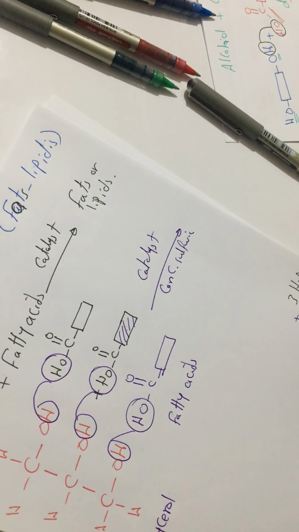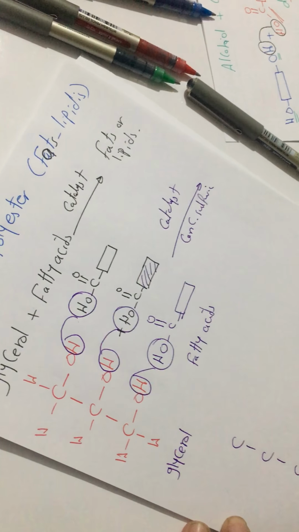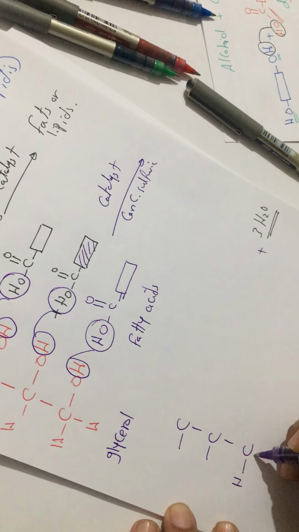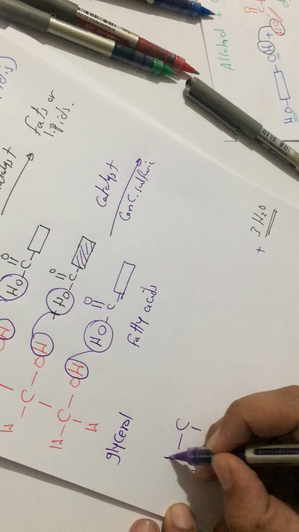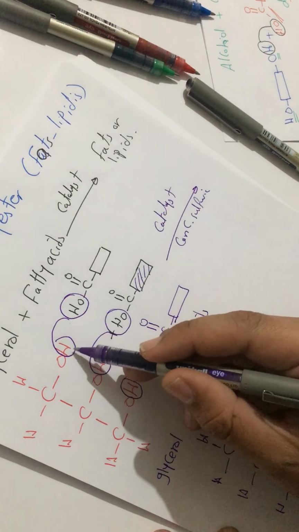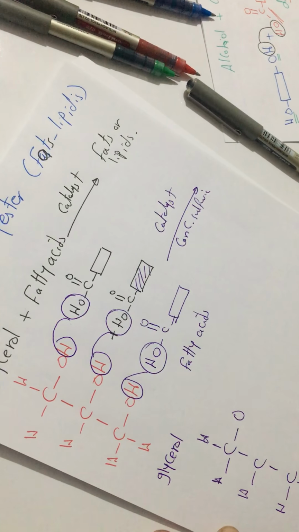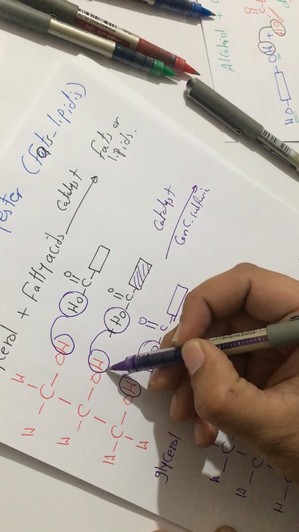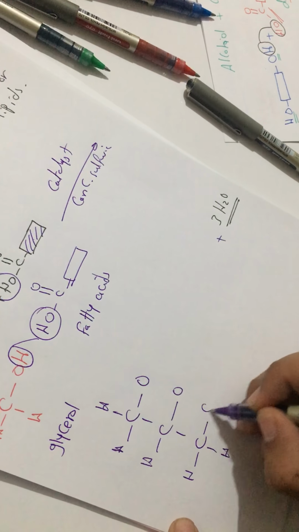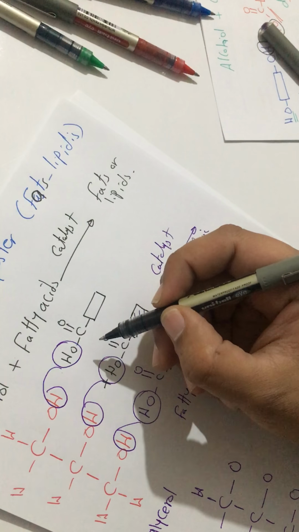And what would be the remaining? We have here 3 carbons, like this, the remaining hydrogens, and we removed hydrogen, so an oxygen atom remains, and another oxygen atom remains, and we are going to write the remaining parts of the acid.